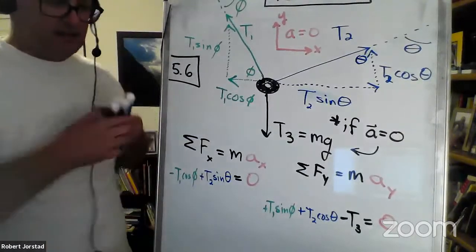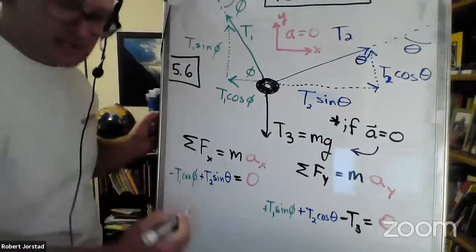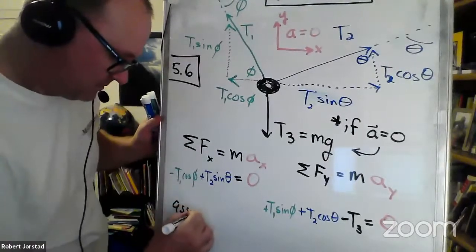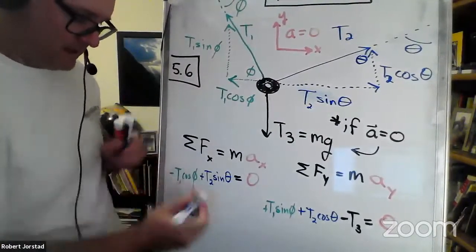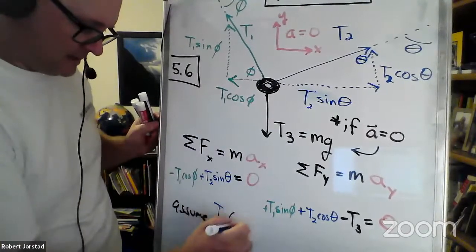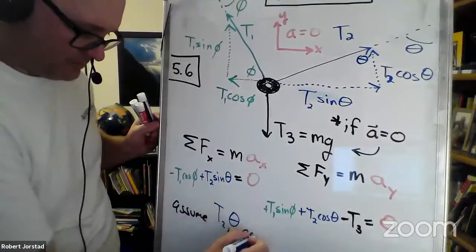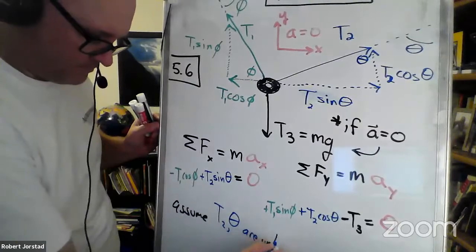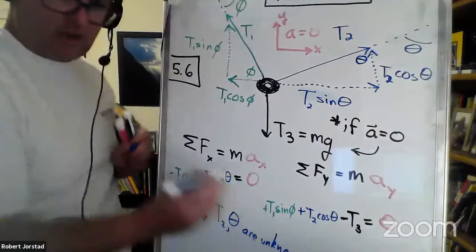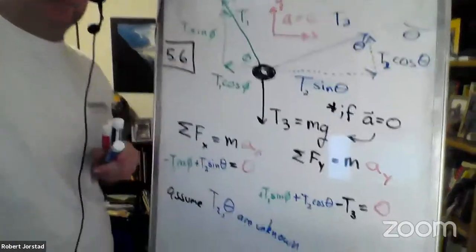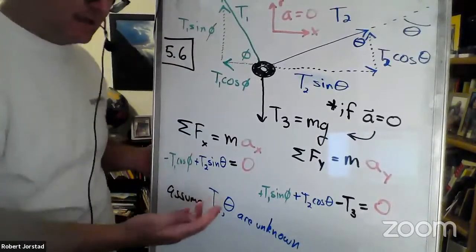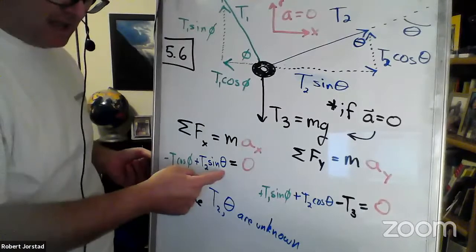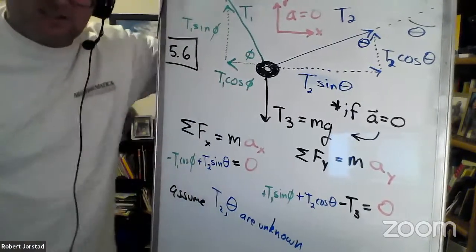So let's assume T2 and theta are unknown. If these two things are unknown, we want to find ways to manipulate them to solve for either the angle or T2. So let's start with the angle.